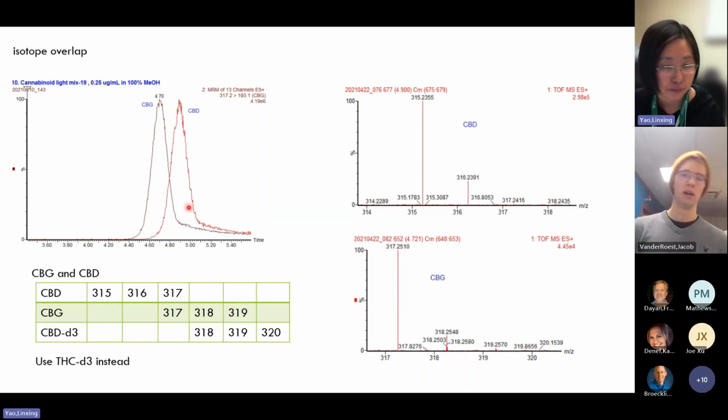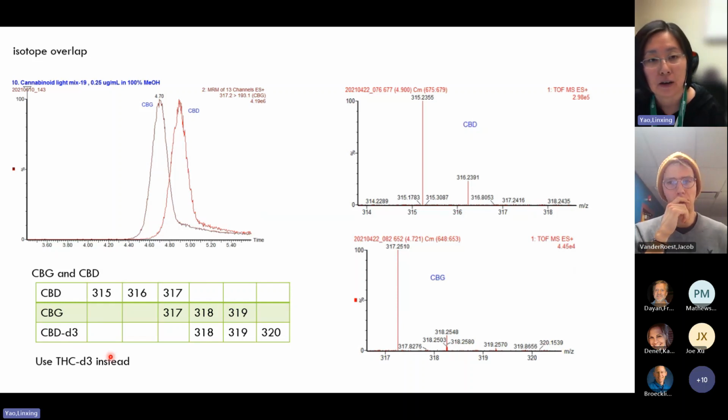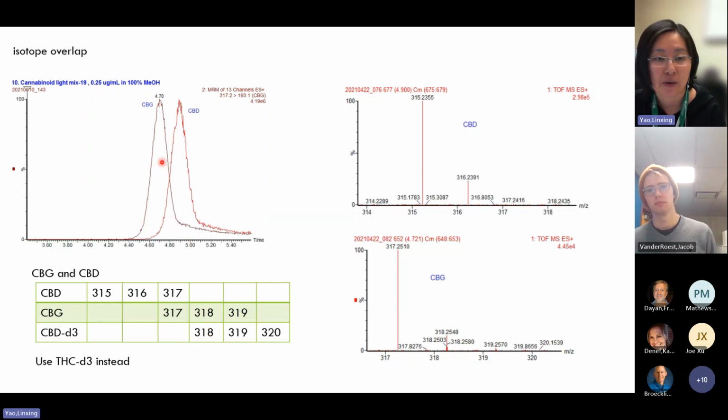And what's even worse is that CBD-D3, the deuterated form, usually elutes slightly earlier than the non-labeled analyte. So its peak is going to be even closer to CBG. When you measure CBD-D3, you will see a peak maybe with a bump or on the shoulder of the peak, and you cannot distinguish between the signal of CBG and CBD-D3.